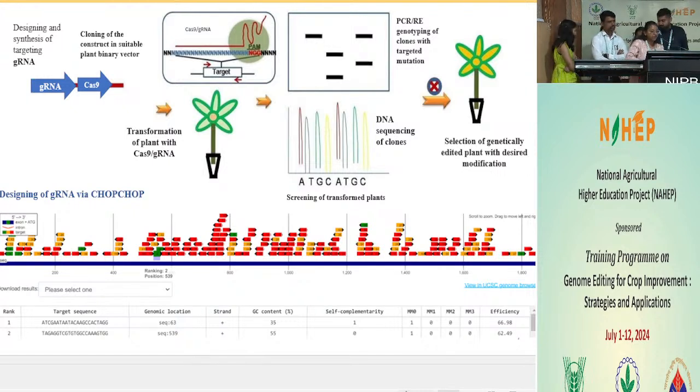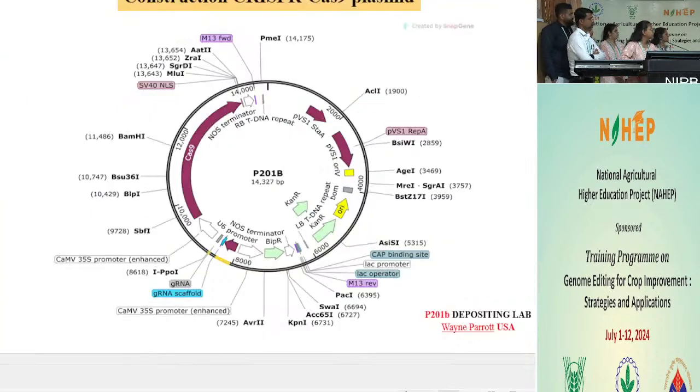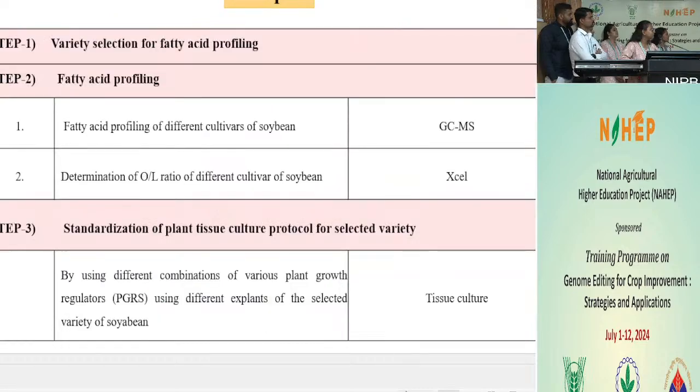Coming to the work plan, firstly, we are going to select the variety for doing fatty acid profiling, and in the second step we are going to do fatty acid profiling of the genotypes with GCMS, that is gas chromatography mass spectrometry, and also determine the oleic to linoleic acid ratio.